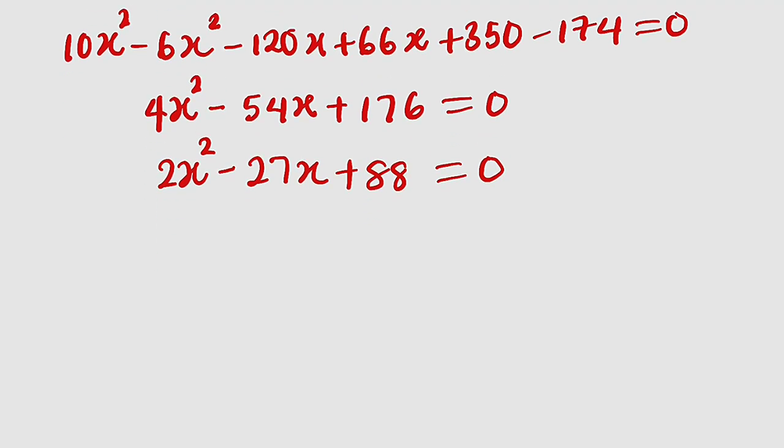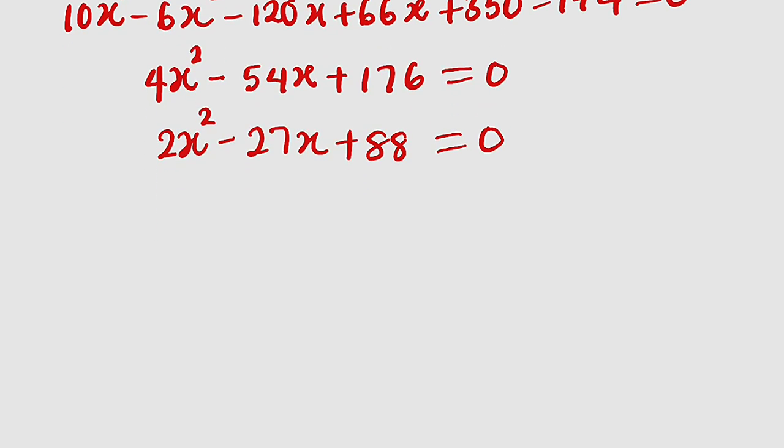Now we have a quadratic equation. How can we factorize it? I'm going to show you a shortcut to do that. You can take the leading coefficient, which is 2, and you multiply by the constant, which is 88. Once you multiply these two together, 2 multiplied by 88, this will give us 176.